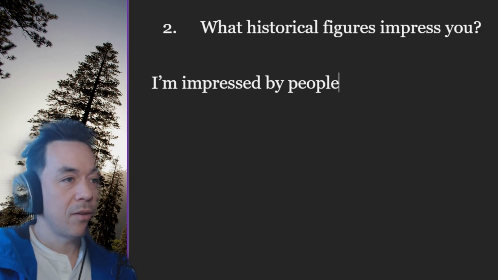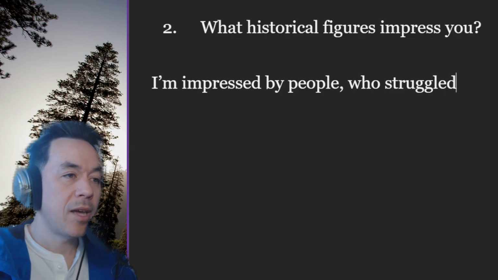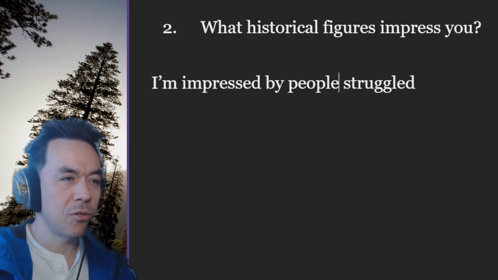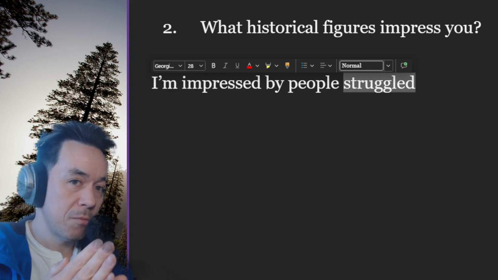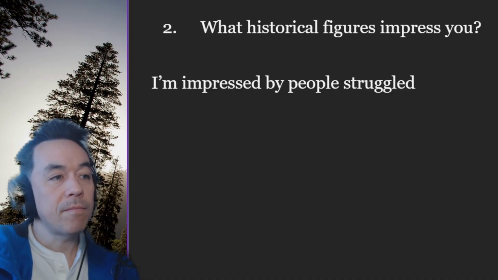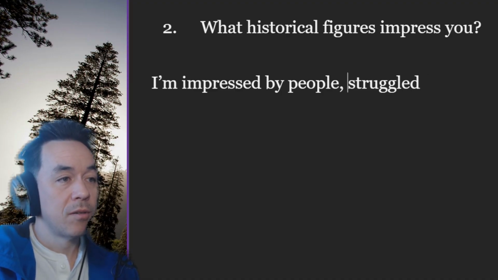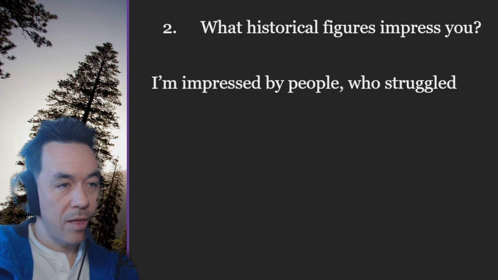Now you have to say "who fought" or "who struggled," right? You cannot say "people struggled" because this is the passive tense version. I'm saying those people struggled. So it has to be "who struggled." The people are the actor, and they struggled.